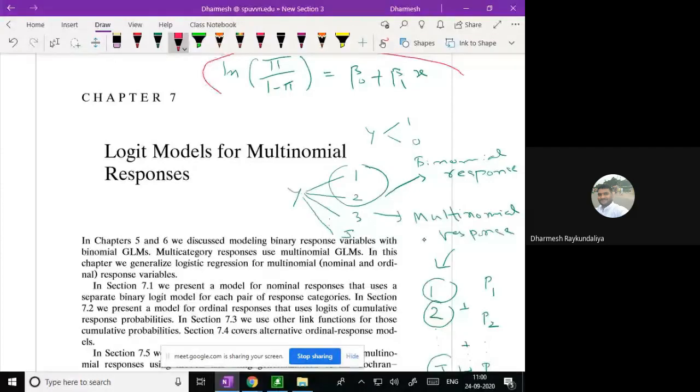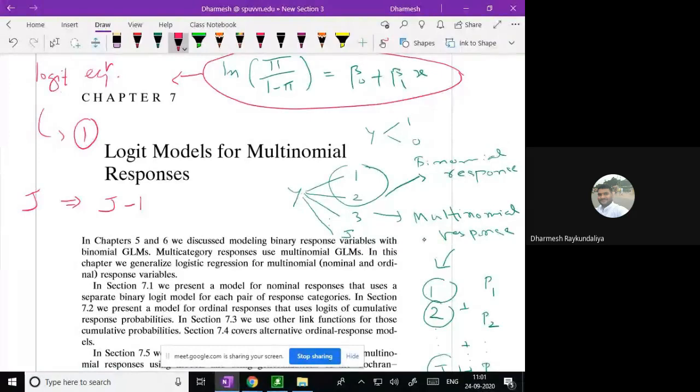So when you have a binary logit equation, how many logit equations? Only one. If you have two categories, then we have how many equations? One. If we have J categories, then how many equations? J minus 1. If you substitute J equal to 2, you will have one logit equation.